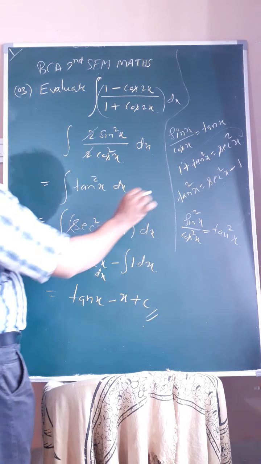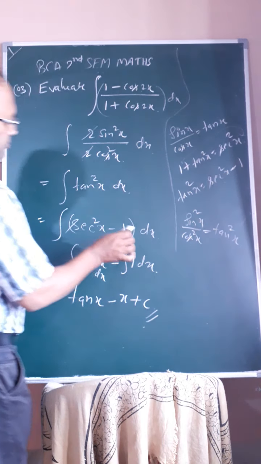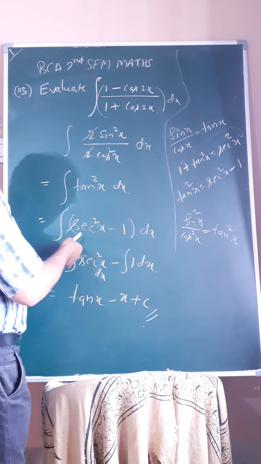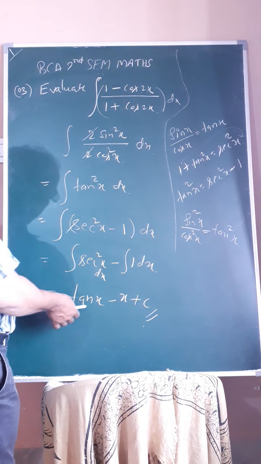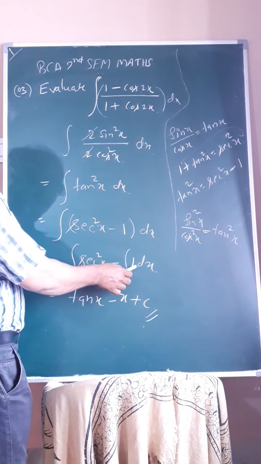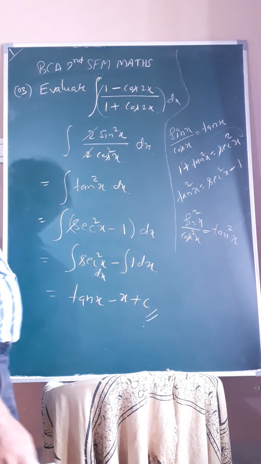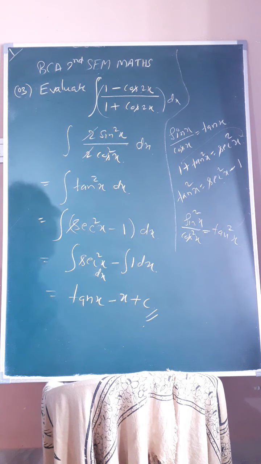And tan square x can be written as secant square x minus 1. Integration of secant square x we know is tan x, and integration of 1 dx is x plus c. This is how we completed the problem.